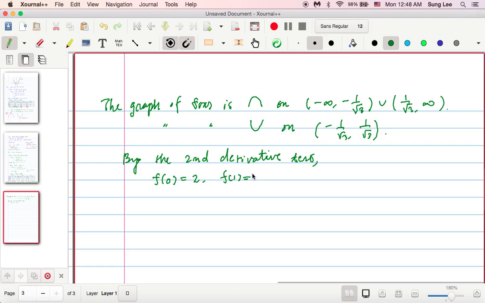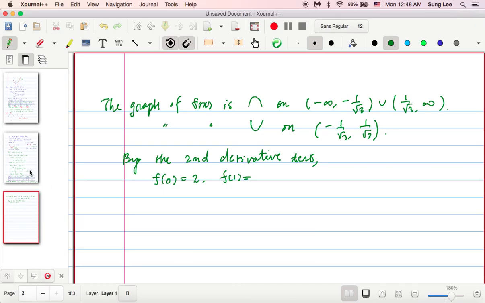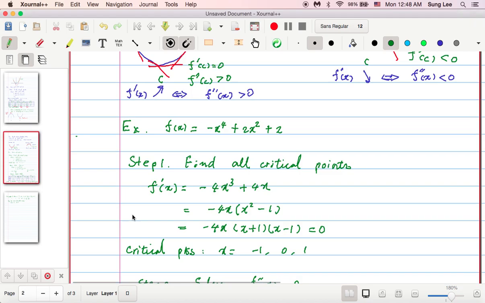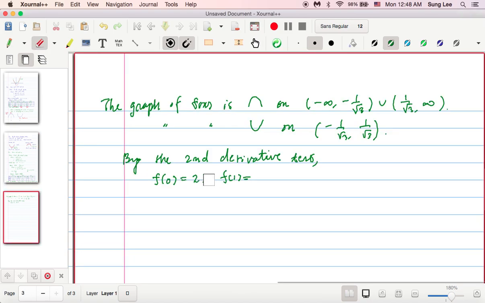No, actually f of 0 is a local minimum. Sorry, right? So this is a local minimum.